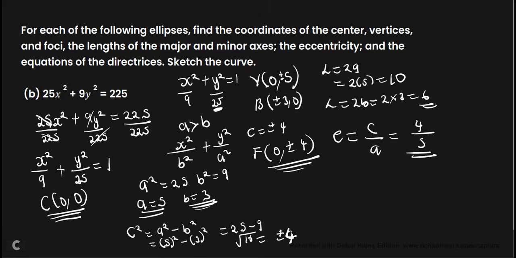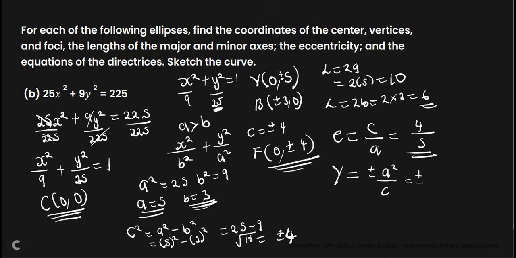Then the directrix, or the equation of the directrix. In this situation, where was the value of A? The value of A was in the y-axis. So meaning that you have to start with y equal to positive or minus a squared over c.